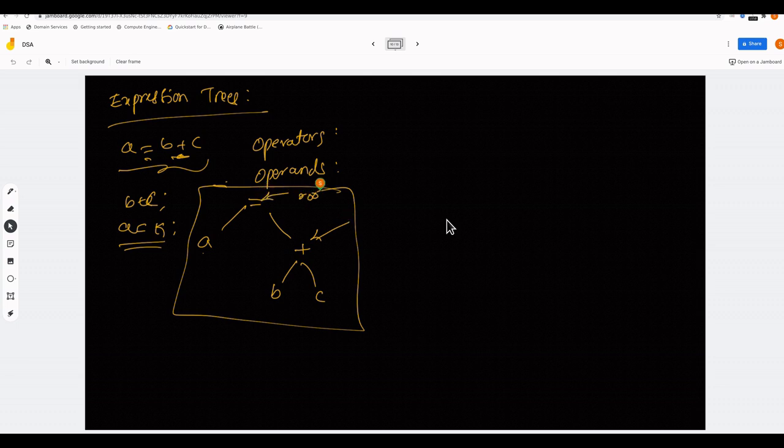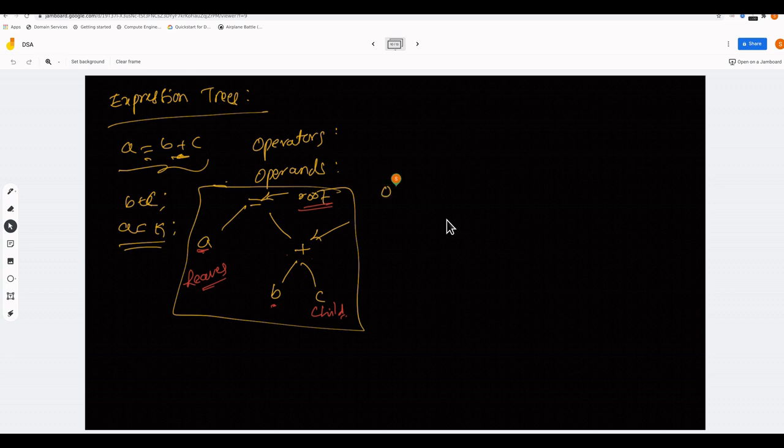This is the root, these are the intermediate nodes, and these are the children: b is child 2 of plus, and plus is child 2 of equal, where the equal symbol is the root of this tree. And a, b, c are also called leaves, the plural of leaf.